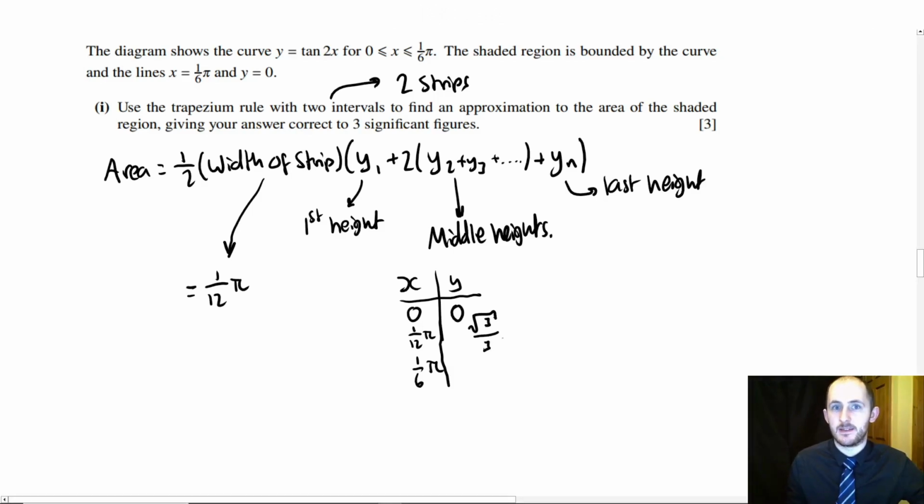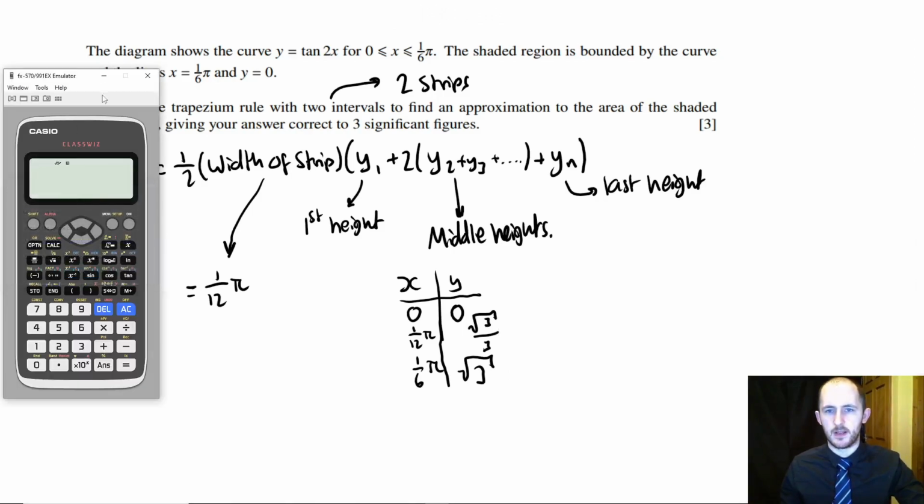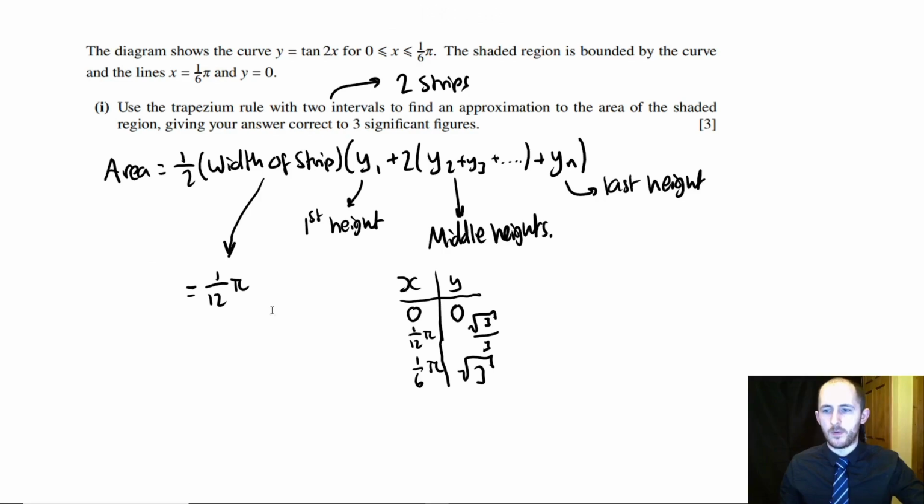Right, because tan 60 degrees is root 3, as a sixth of pi, and then this would be a third of pi, which is root 3. Again, these are values you should know from GCSE anyway, so it's not too bad, but you can use a calculator like so.